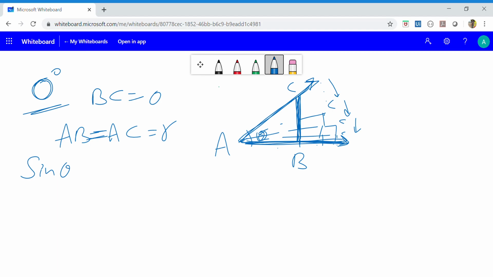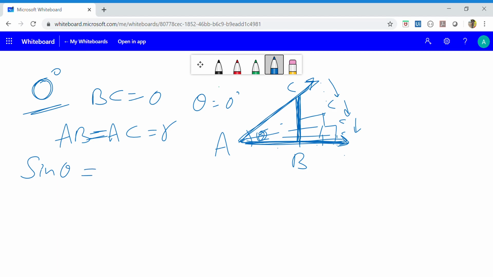Then the angle formed is 0 degrees, so angle theta is equal to 0 degrees. The perpendicular distance is not formed at all, as AC merges with AB, and AB is equal to AC is equal to r.